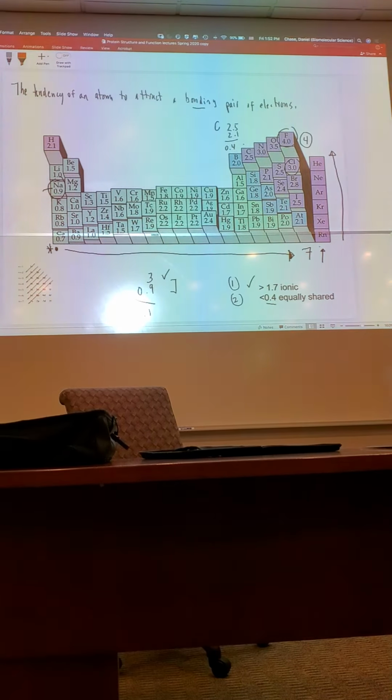And this delta symbol means partial. Oh, be nice if I could spell. Same is true over here. If hydrogen's electron is spending most of its time near oxygen, that leaves that proton out there with its positive charge kind of by itself on average, and that hydrogen adopts a partial positive charge.